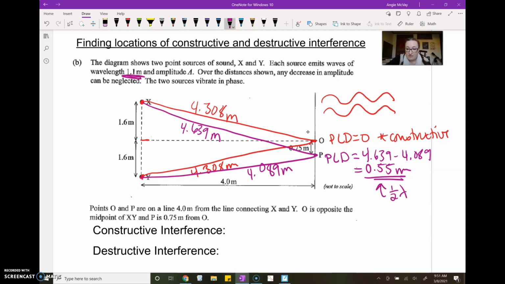So what that means is, if we had one wave like this, the two waves were exactly off by half of a wavelength.